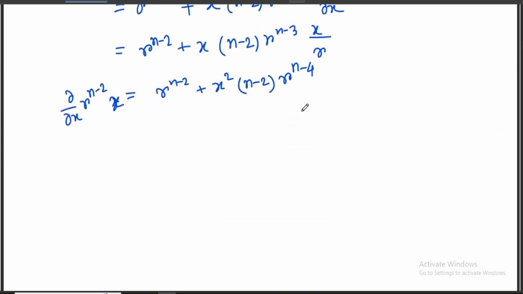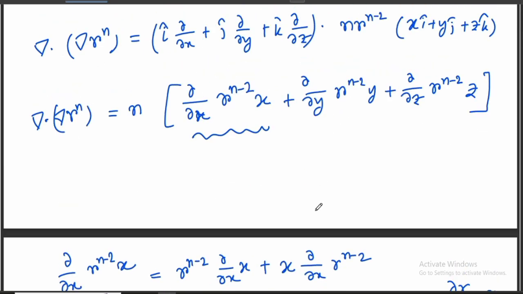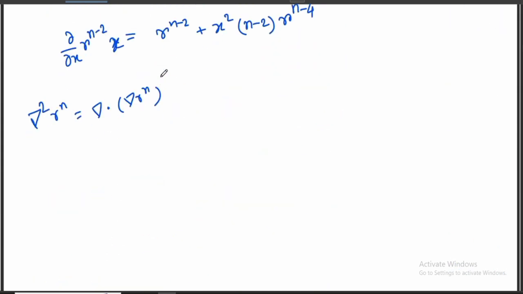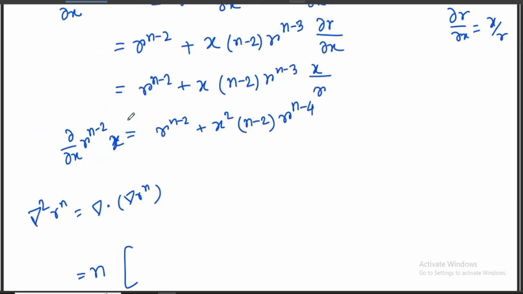So after putting all this, we will get del 2 r to the power n, that was our divergence of grad r to the power n. So let's put all this into this equation. It will be n outside, and first let's write for y.